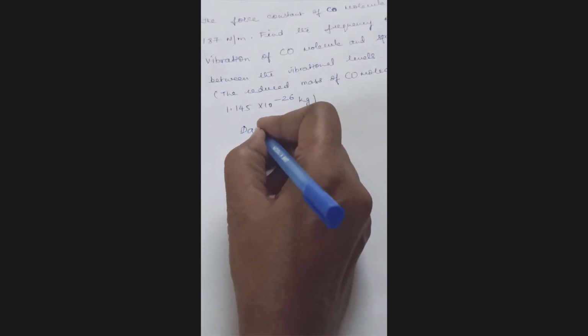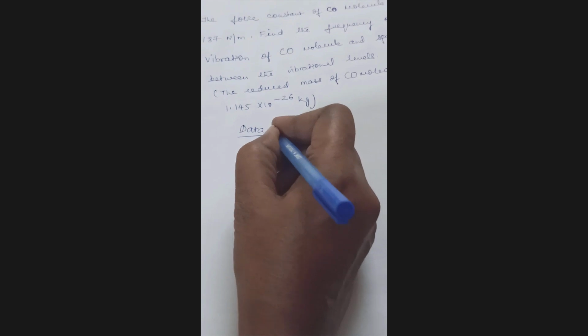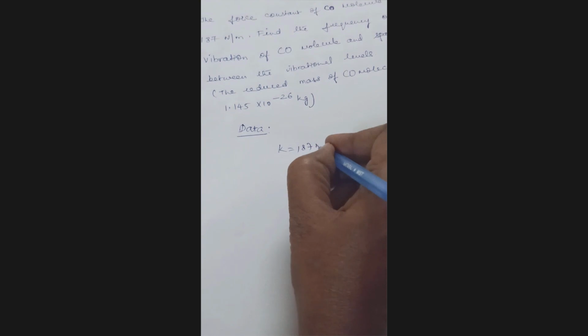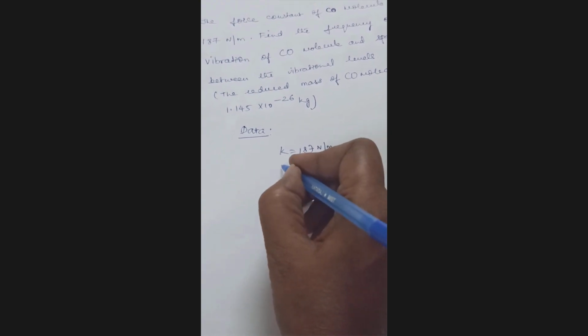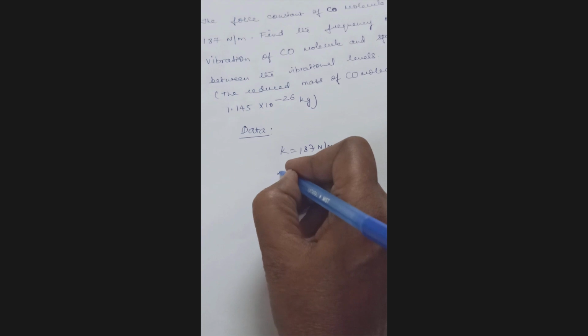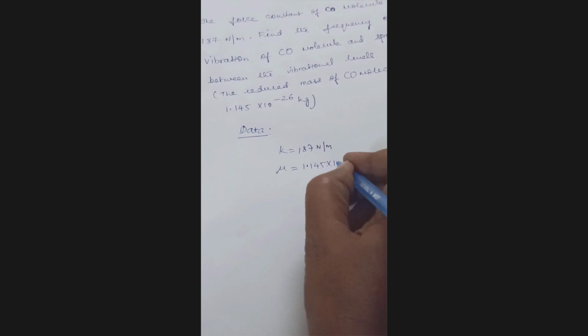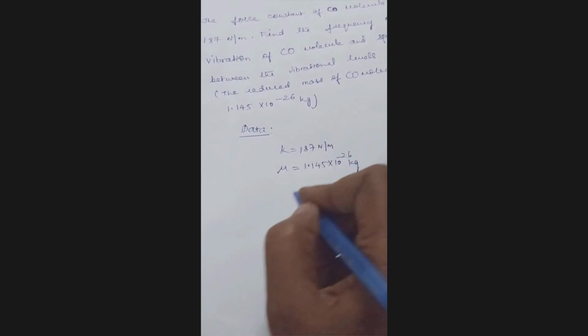So this is very much similar to the previous problems which we have solved, but here they have given the reduced mass straight up. Therefore data given: K is given, 187 Newton per meter, then mu is given, 1.145 into 10 power minus 26 kgs.